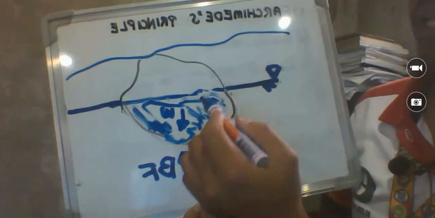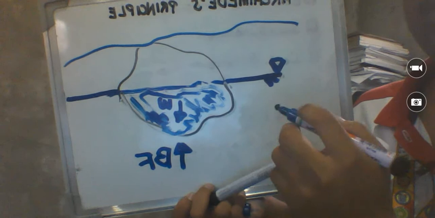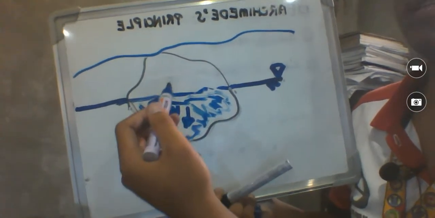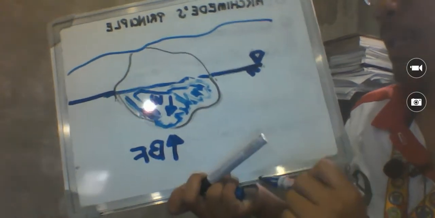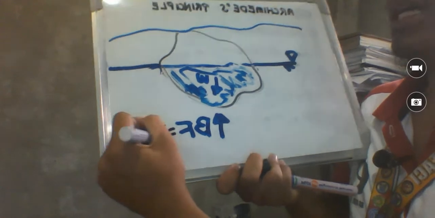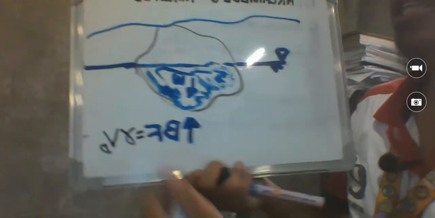Ganyan. So meaning, yung weight na dapat i-consider natin is yung weight ng total body or itong lahat ng iceberg na ito. Pero, refer to your notes, formula ng buoyant force is equal to gamma times volume displaced.